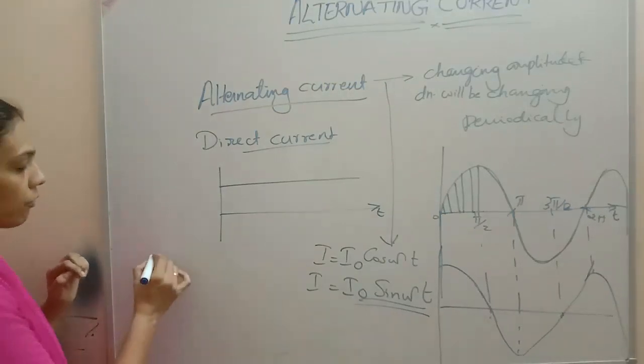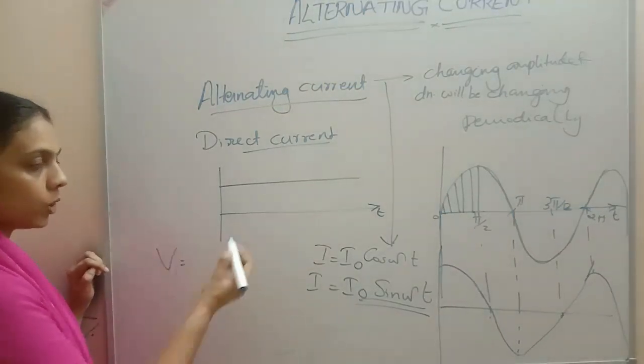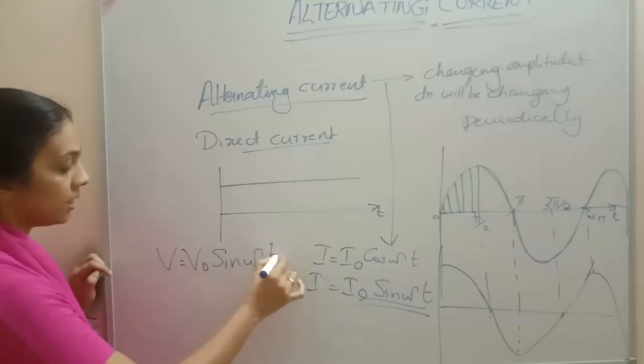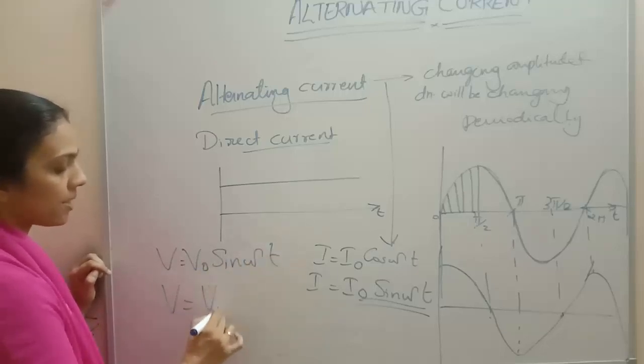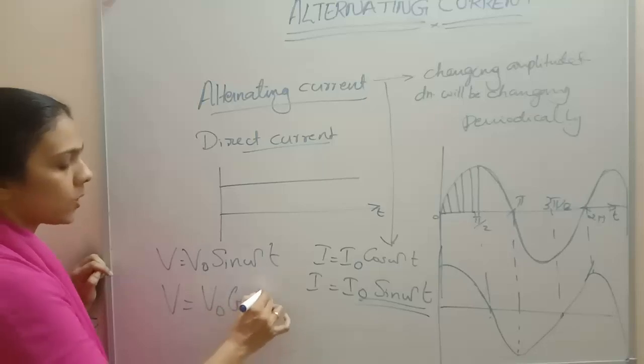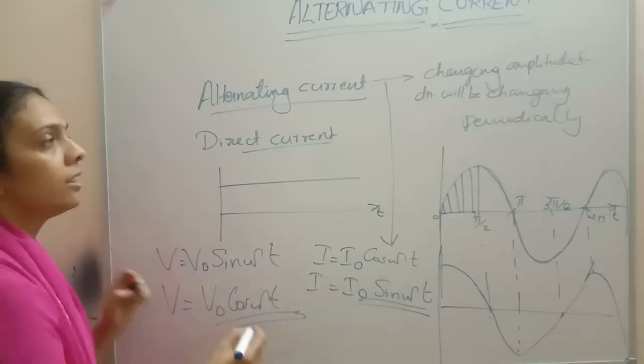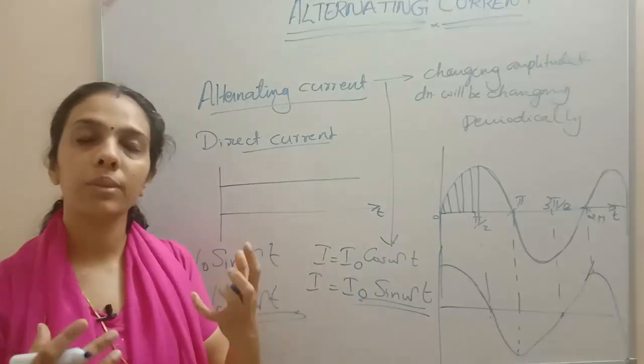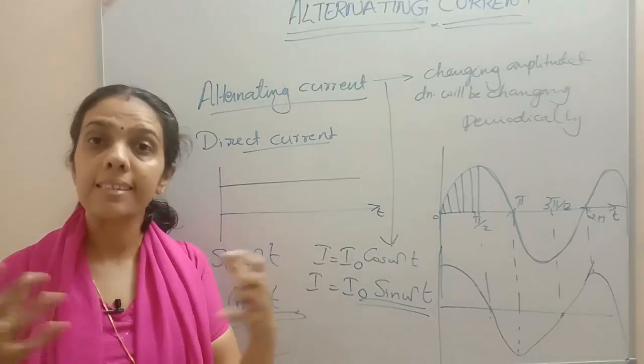The same way, if we want to represent the voltage, we can represent it as V0 sin omega t, or as V0 cos omega t. In direct current, whatever we learned was about resistors in the circuit.